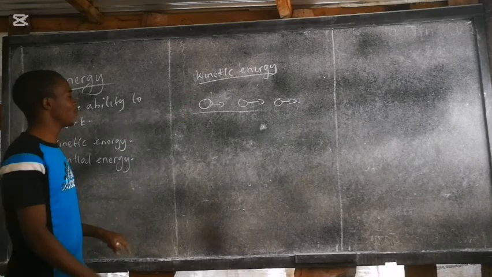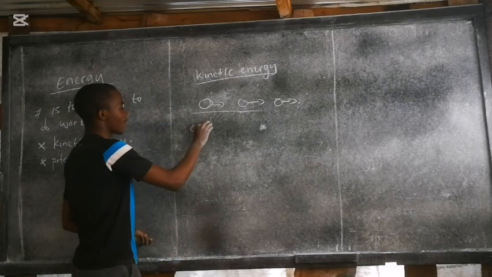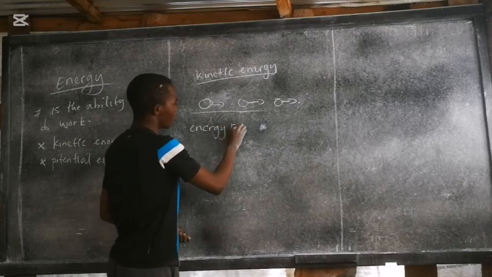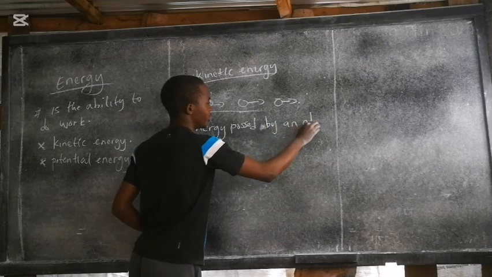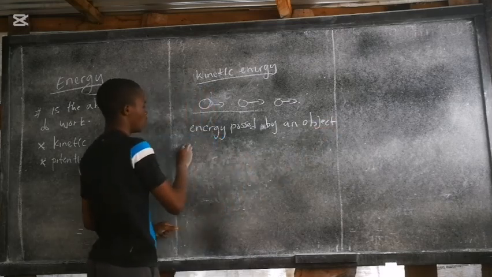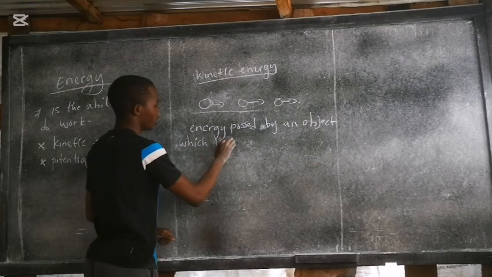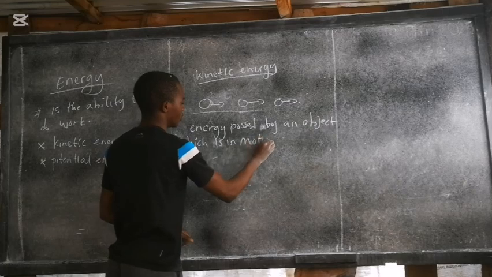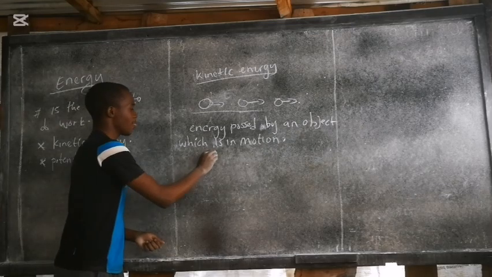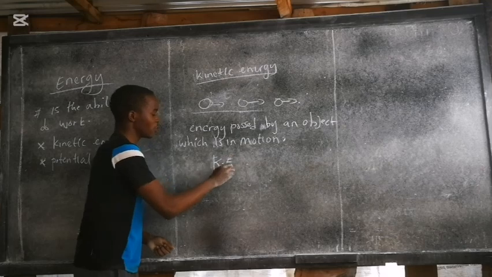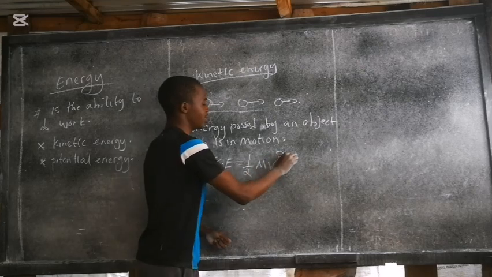So it's an energy possessed by an object which is in motion. We say kinetic energy is equal to what? Half mv squared. That is the formula for kinetic energy.